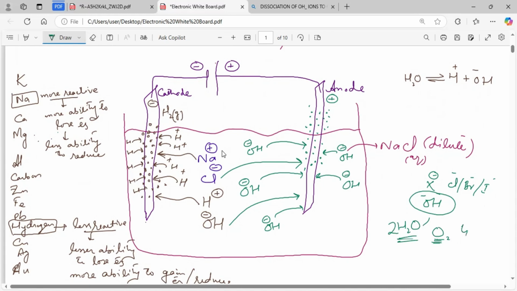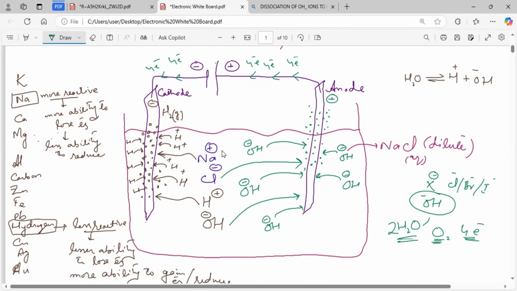And the 4 electrons will go towards the negatively charged cathode, the battery, and these electrons will be gained by the protons, and the protons will be reduced into hydrogen gas.